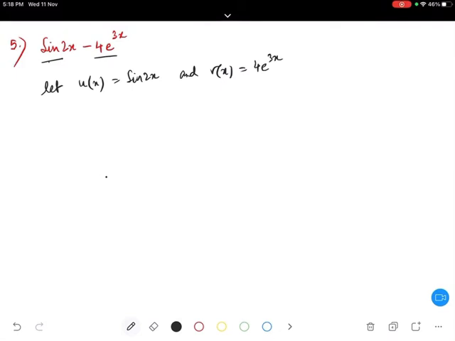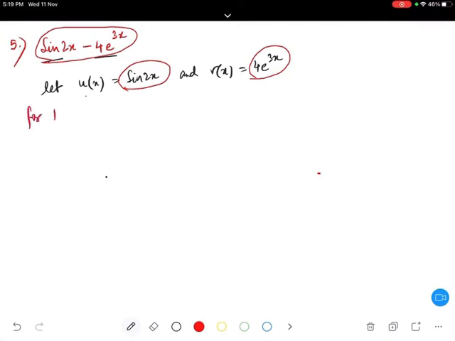I am separating the two functions because previously we have learned to find the antiderivative of only one particular function. Here they are given two functions, so I have separated them. First I will find the antiderivative of sin 2x, then the antiderivative of 4e to the power 3x. After that I will subtract them and get the antiderivative of sin 2x minus 4e to the power 3x.